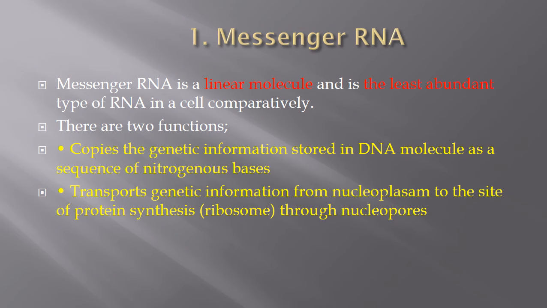Now mRNA is a linear molecule, the least abundant type of RNA in the cell. Its function is to copy the genetic information in the DNA molecule as a sequence of nitrogen bases. The information from the DNA is transcribed onto the RNA, and it brings the information out into the cytoplasm where protein synthesis takes place.